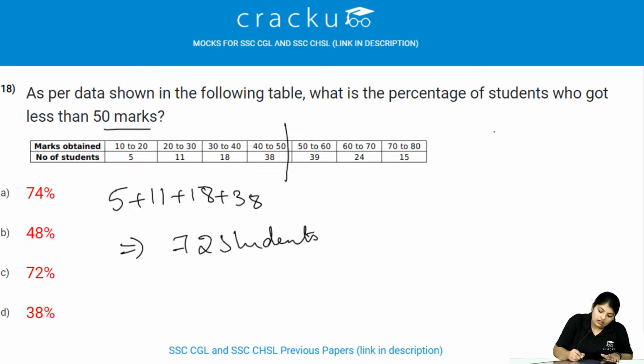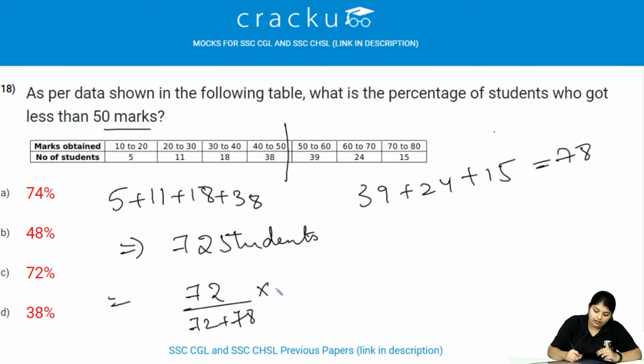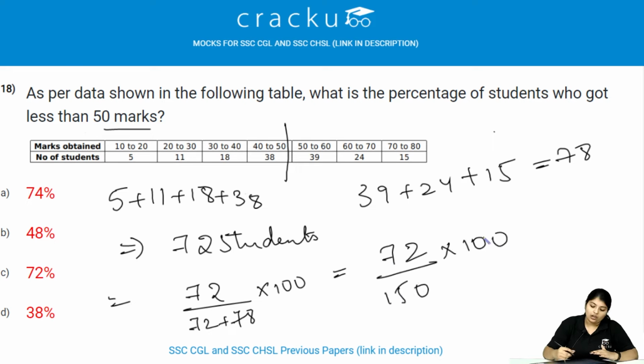To calculate the percentage, write 72 by total number of students. Total number of students is this 72 plus the remaining 39 plus 24 plus 15, that is 78. 78 into 100, which is 72 by 150 into 100.